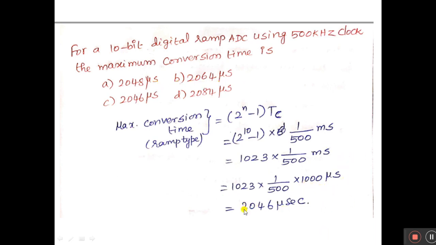If I multiply, I will get 2046 microsecond. We should be careful in dealing with this question because the answers are very close. Here 46, here 64, here 48, 84. So be careful in choosing the answer for this question. As per this problem, answer C is correct, that is 2046 microsecond.